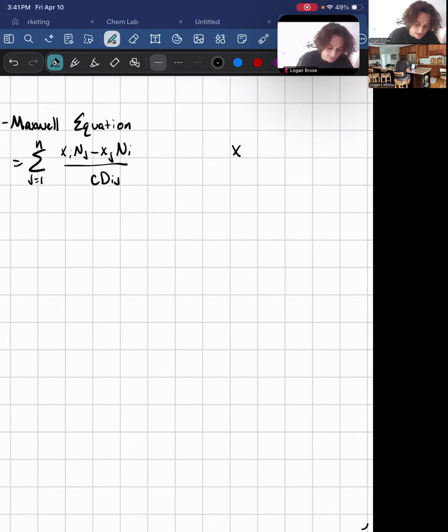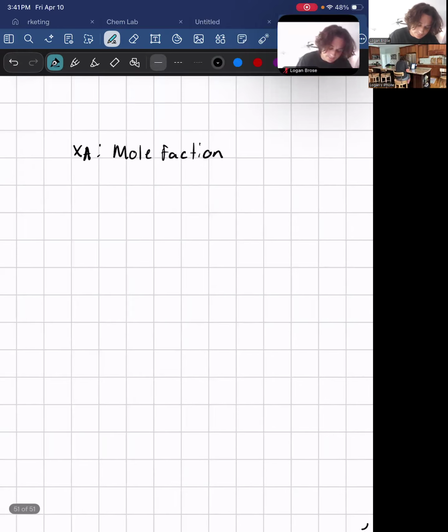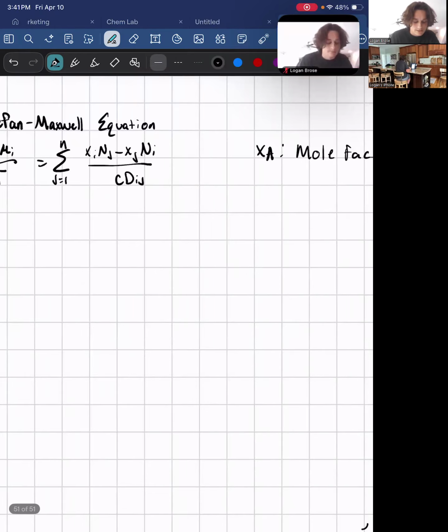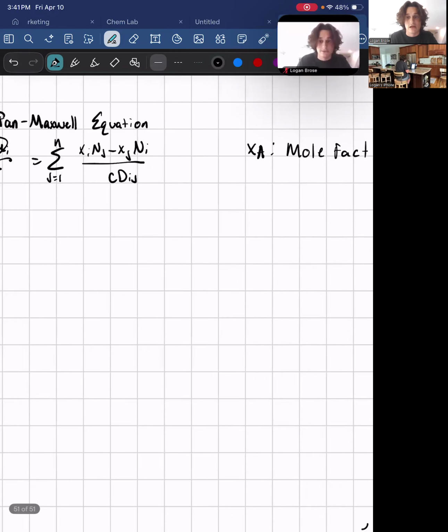We have our x, i, or j. We'll call it A. That is our mole fraction of a component, right? Next, we have this term here. That's our gradient of our chemical potential, not our viscosity.